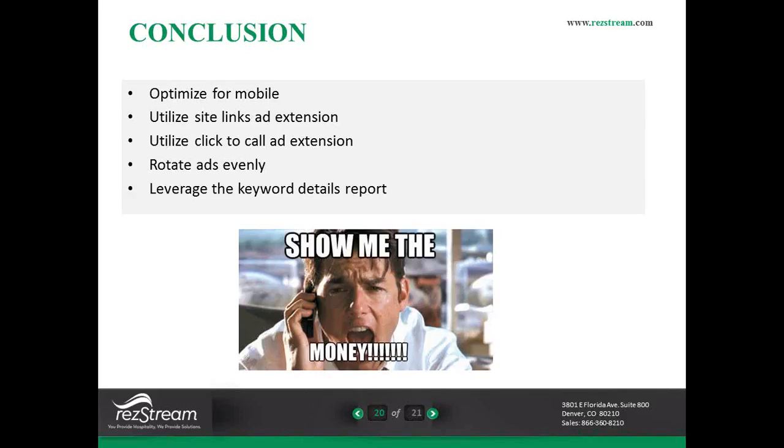And lastly, leverage the keyword details report so that you can identify either really good opportunities for additional keyword targeting or opportunities for you to add to that negative keyword list to then drive better quality traffic to your website. By doing all of those things, in addition to other optimizations, hopefully you will see some nice improvements in online reservations coming through from that AdWords platform.